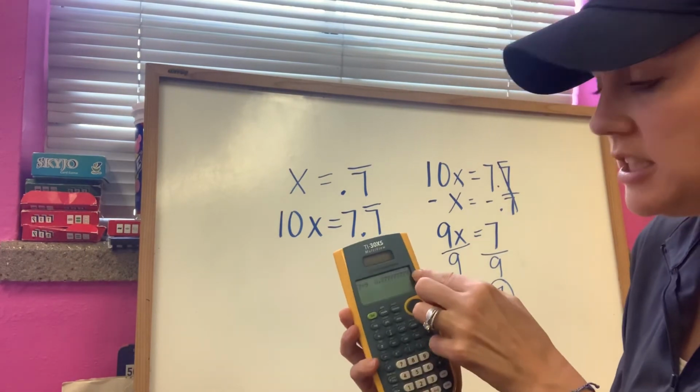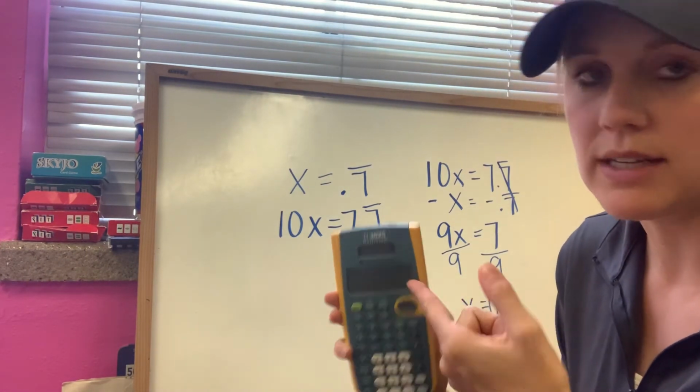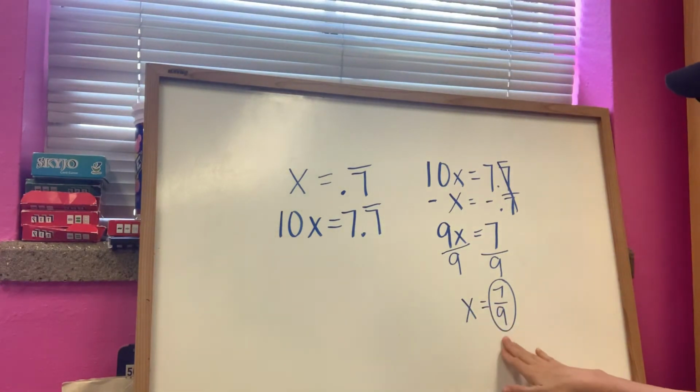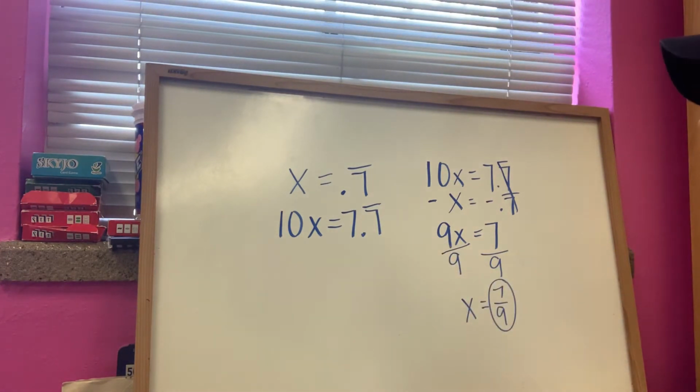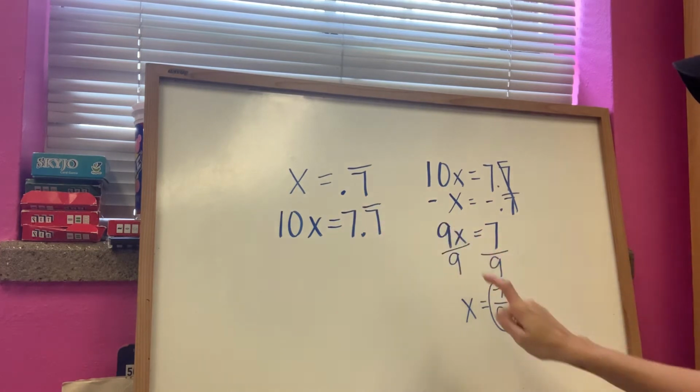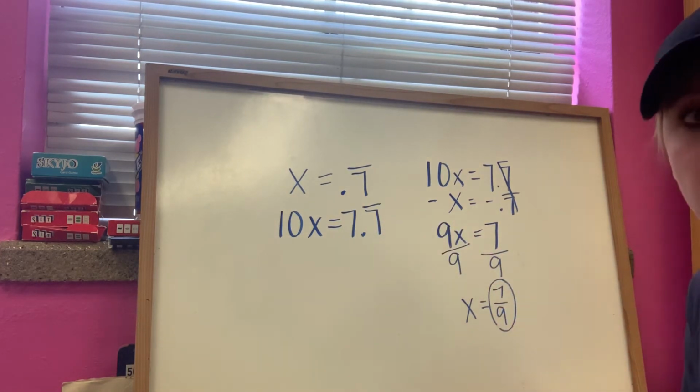The very last digit goes to an 8 because in our calculators it just automatically rounds. But 7/9 is how we would write 0.7 repeating as a fraction. And now I could say this is a rational number because look, it can be written as a fraction.